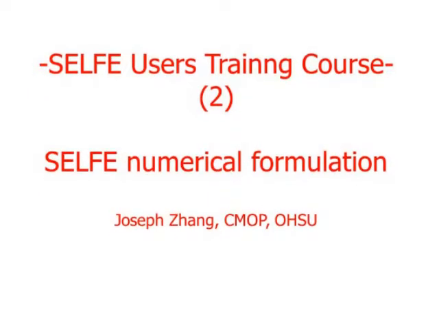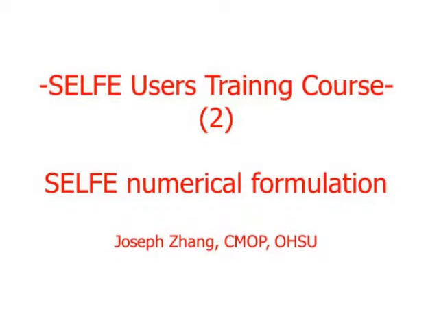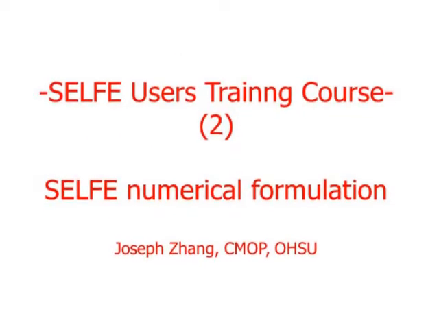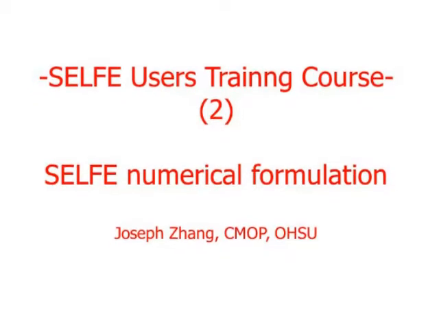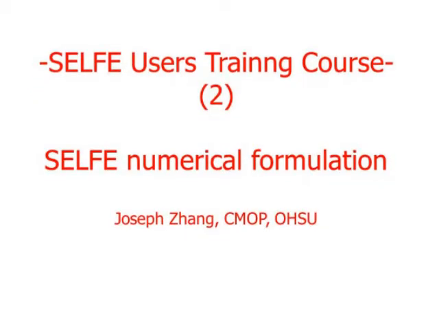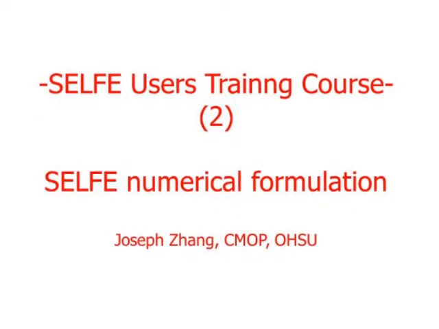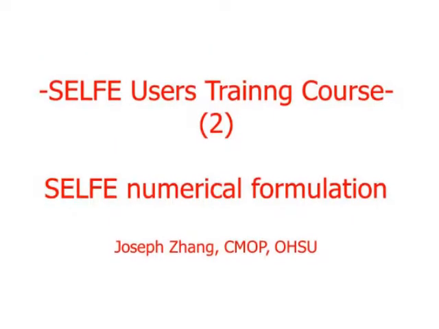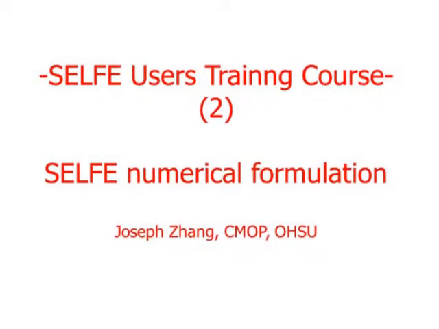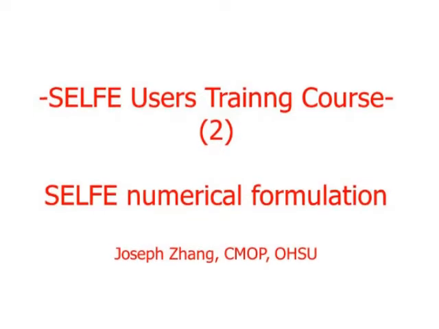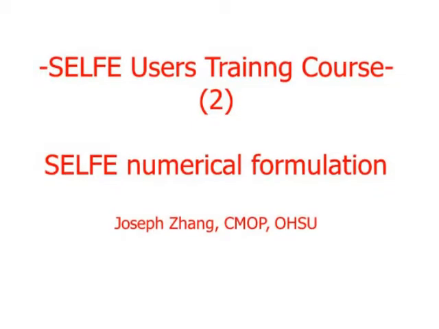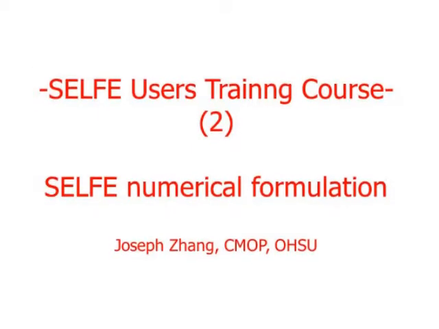If you look at this equation, it has two sets of unknowns: the surface elevation and the depth integrated velocity. Our goal is to eliminate the depth integrated velocity by vertically integrating the momentum equation. You get this. Again, in numerical methods, especially implicit methods, you want to differentiate what's explicit and what's implicit.